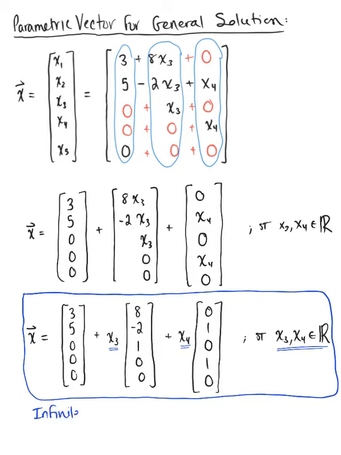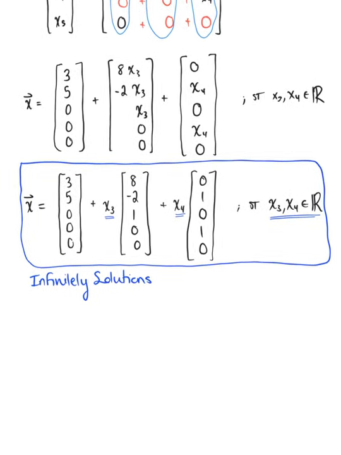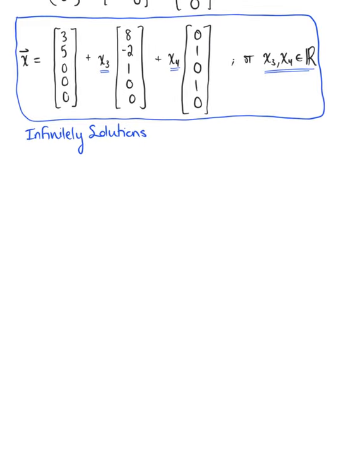So since there are infinitely many solutions to this system, let's go ahead and find one of those solutions. To find a particular solution, you need to choose a value for the free variables.